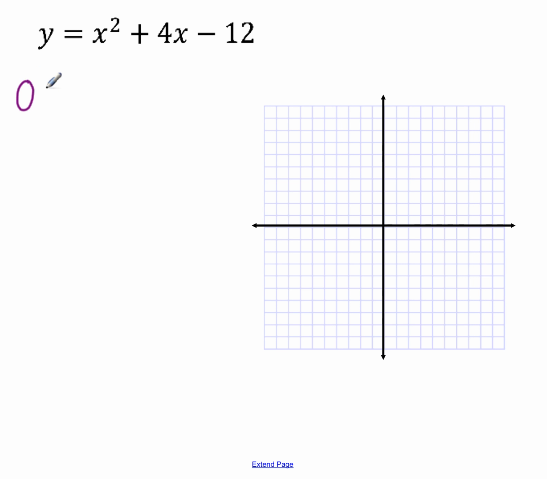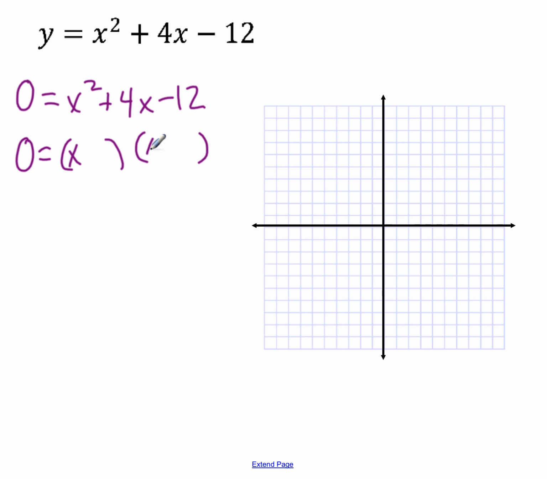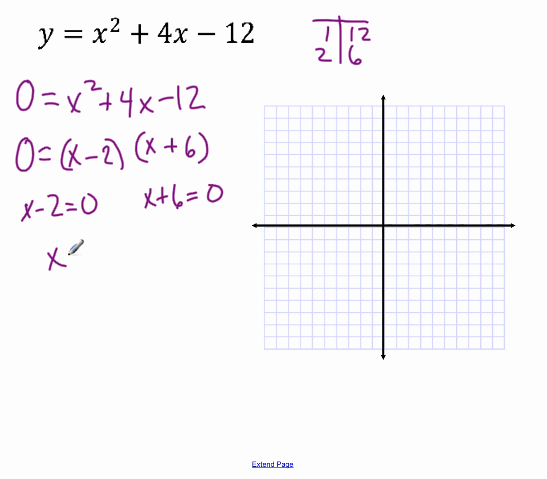So if I put a 0 in for y, and then I write my equation, and then I factor 12, 1 and 12, 2 and 6, 2 and 6 will work. Plus 6 minus 2. I set x minus 2 equals 0. I set x plus 6 equals 0. I get x equals 2 and -6.